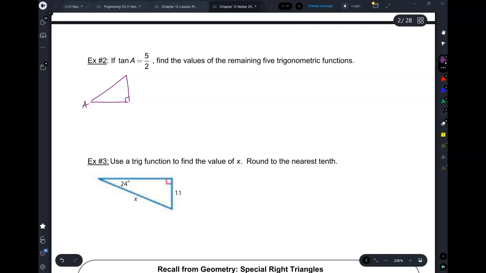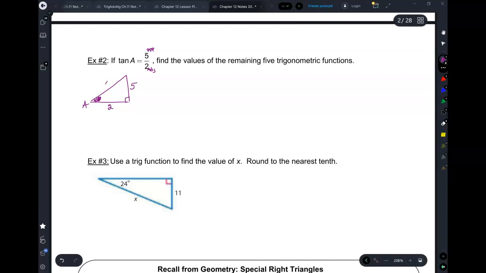Just label one of the acute angles A. Now, tangent is 5 over 2. Tangent is opposite over adjacent, correct? That means if this is angle A, the opposite to it has a length of 5. The adjacent to it has a length of 2.